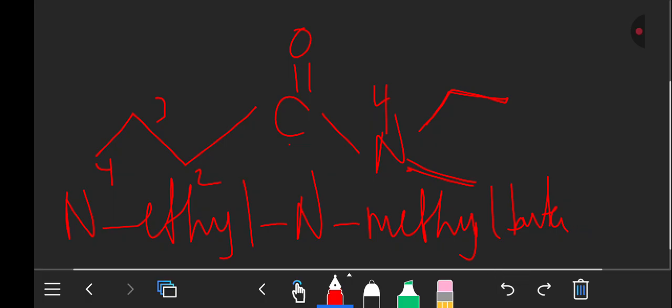So it is butane amide. Okay, like that. So it is N-ethyl N-methylbutane amide.